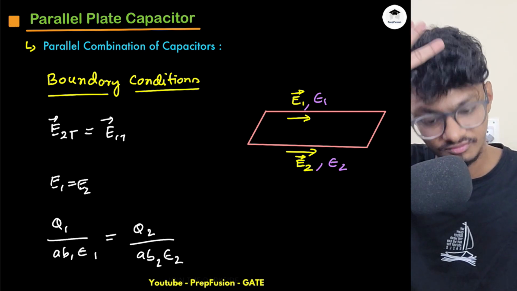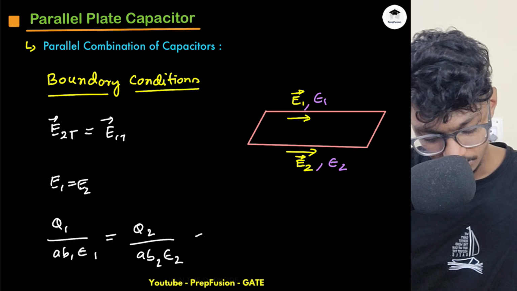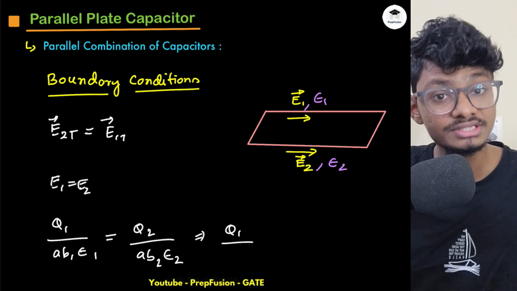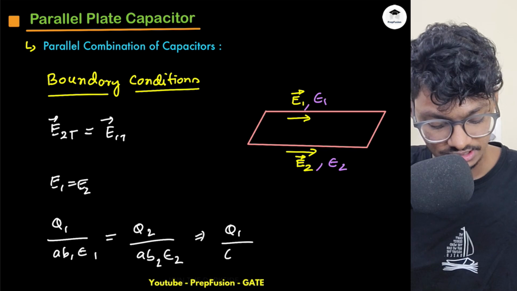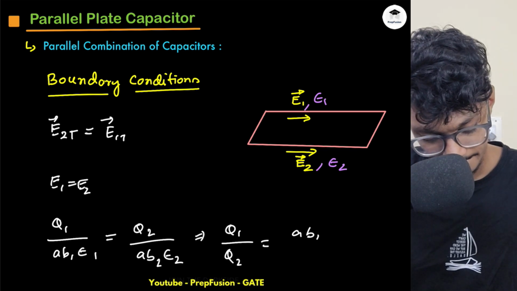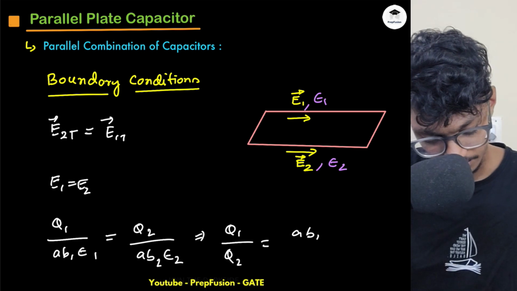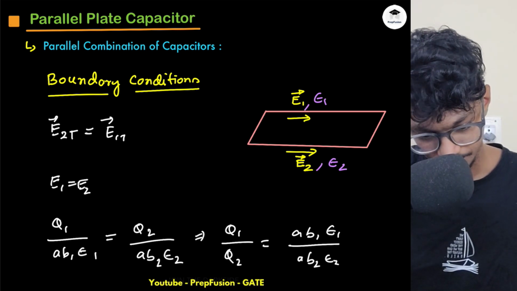That is totally fine. In this I get the ratio of the charges. How will the charges actually get divided? I think you never knew how the charges were getting divided. Charges are getting divided like this: Q1 by Q2 equals A B1 epsilon 1 divided by A B2 epsilon 2.